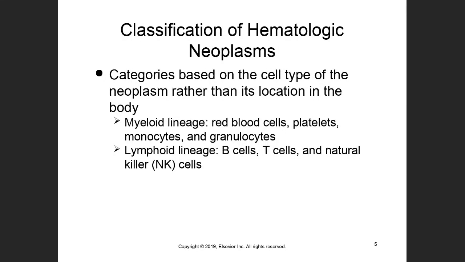Categories are based on the cell type of the neoplasia rather than its location. Of course, leukemia is classified according to the lineage of the cell that is affected. Okay, and right here you have the myeloid lineage, which is the red blood cell, platelet, monocyte, and granulocyte, and the lymphoid lineage, which is the B and T cell and natural killer.